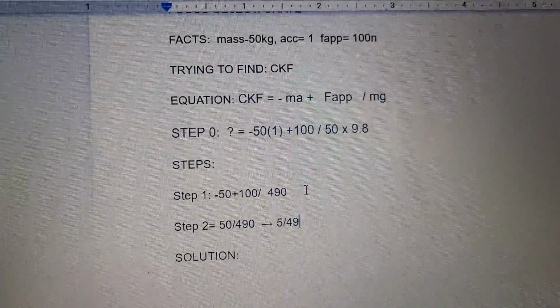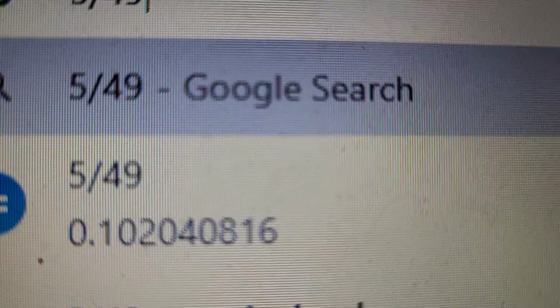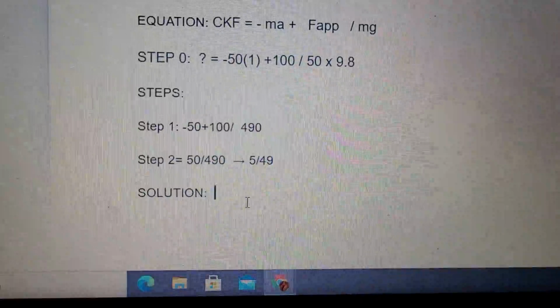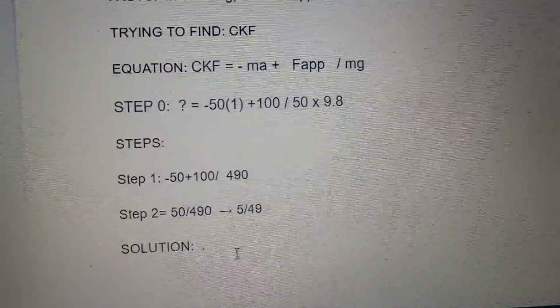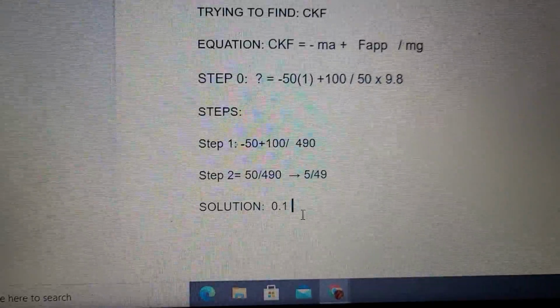It's not necessary, really. So when I do 5 divided by 49, I should get 0.1. So that means my solution, the coefficient of kinetic friction, is 0.1. That would be the answer.